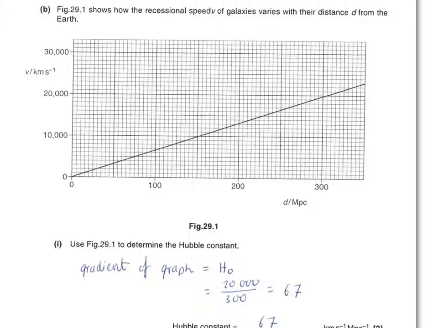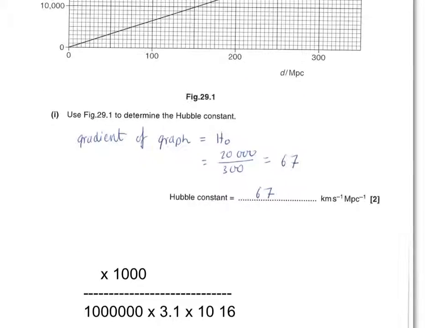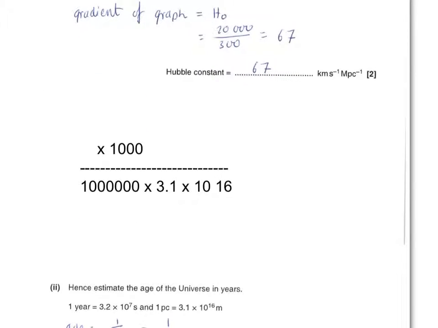I've chosen this point here as it goes nicely through the grid on the graph paper, and we have 20,000 divided by 300 giving 67.